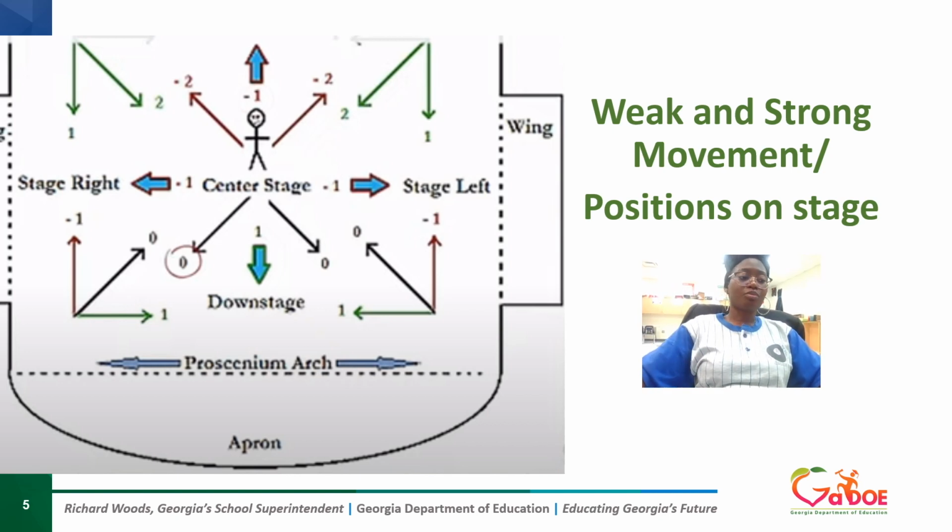A character that is moving towards the audience signifies power or strength. So if you're center stage, moving towards the upstage area, these arrows, which are in red, indicate weaker movements. If you are standing center stage and you're moving further downstage, that's a stronger movement. It's a neutral movement if you're centering, moving left or right.